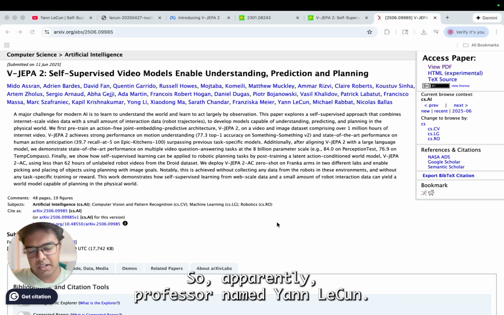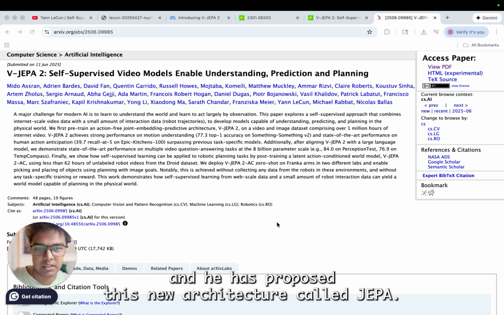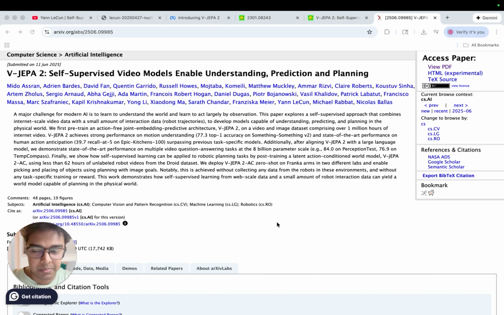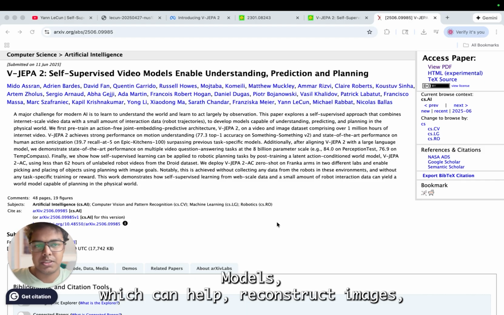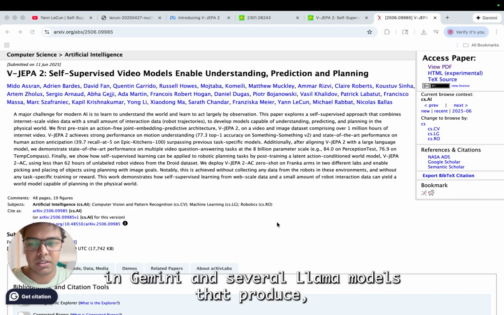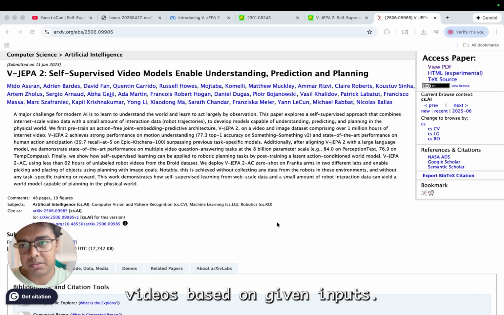Apparently a professor named Jan LeCun, a distinguished researcher, has proposed this new architecture called JEPA, and they have come up with iJEPA and vJEPA models, which can help reconstruct images and generate videos, similar to how LLMs work in Gemini and several Llama models that produce videos based on given inputs.